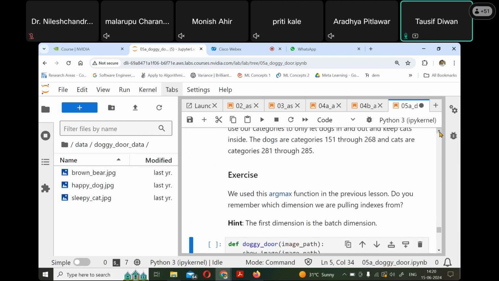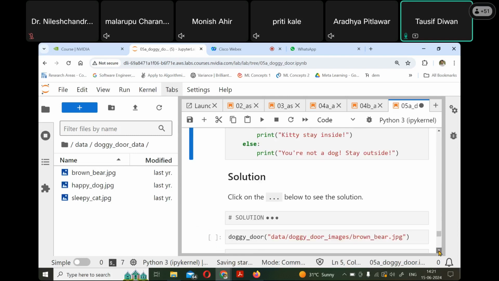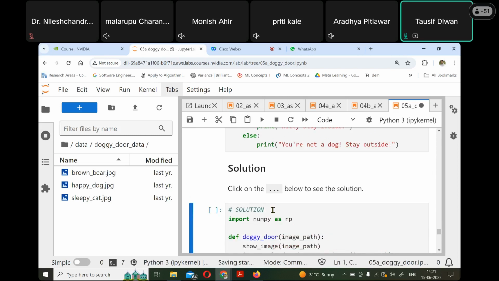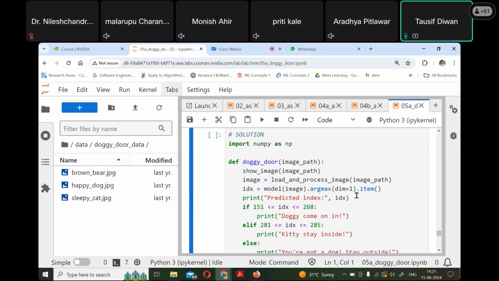If it is in the range from 281 to 285, then it's a cat. Otherwise, you are not a dog, stay outside. This message should be printed out. What should be there in place of fix me, you can see over here from this solution. I think dimension is equal to 1 should be there.